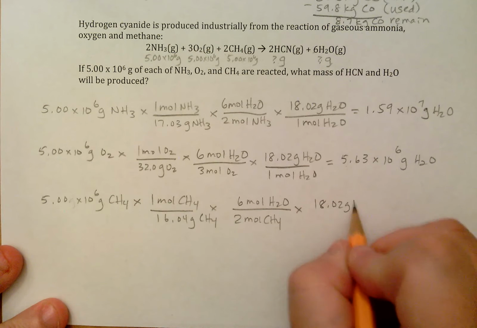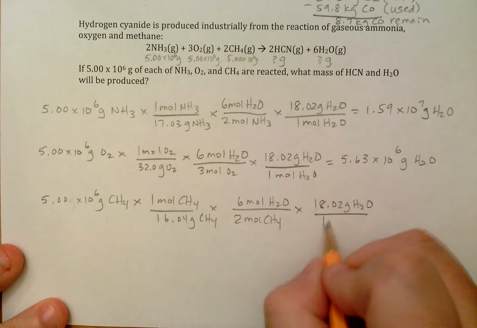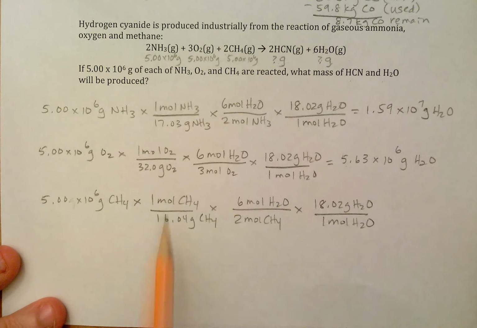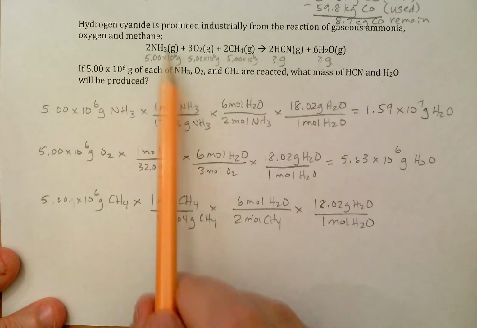I'm going to re-emphasize again that every single conversion factor has to be equal to 1 because you can't keep multiplying by different things. So the top and bottom have to be equal in order for it to be equal to 1. So 1 mole of CH4 equals 16.04 grams of CH4. That's the molar mass. They're equal. 6 moles of H2O here equals 2 moles of CH4. That's from the equation, and we consider them to be equal for this equation.